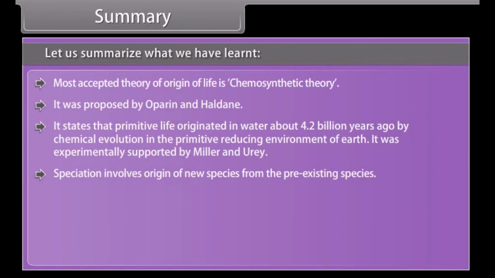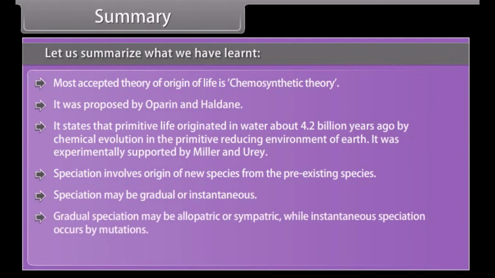Speciation involves origin of new species from the pre-existing species. Speciation may be gradual or instantaneous. Gradual speciation may be allopatric or sympatric, while instantaneous speciation occurs by mutations.